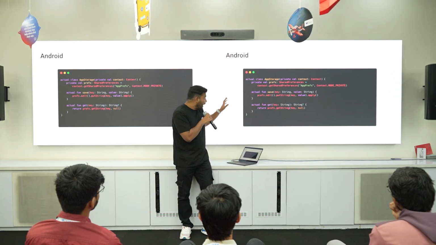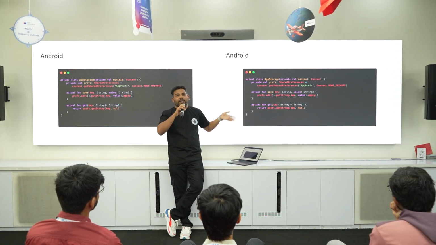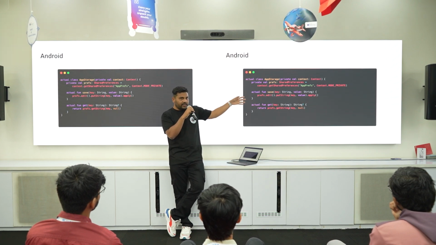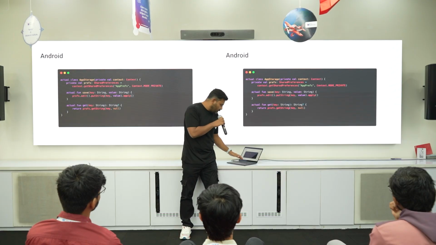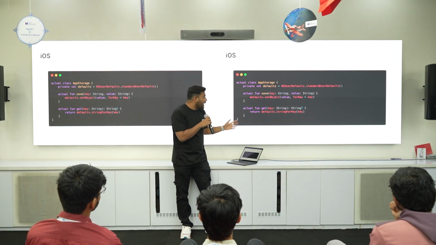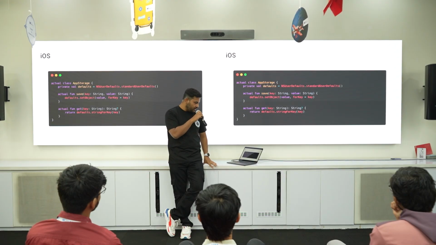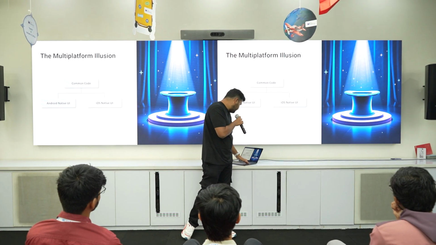So in your Android, you will use this keyword that is actual, and now here you can access the Android-specific libraries. So I can use shared preferences, I can write save and get functions, and whatever you want you can write it here. And same for iOS. We use NSUserDefaults to save key value pairs in Xcode. So you can write the specific implementation, right?